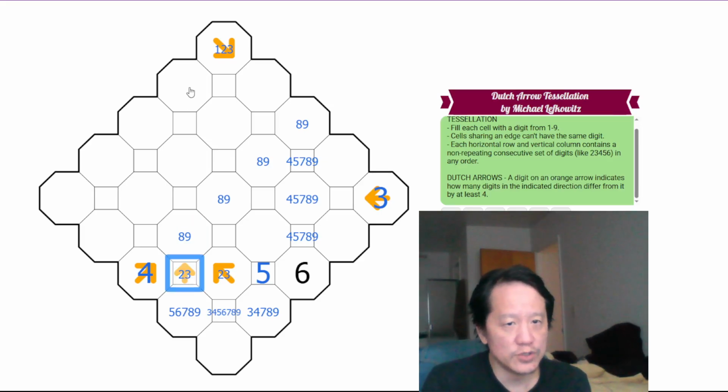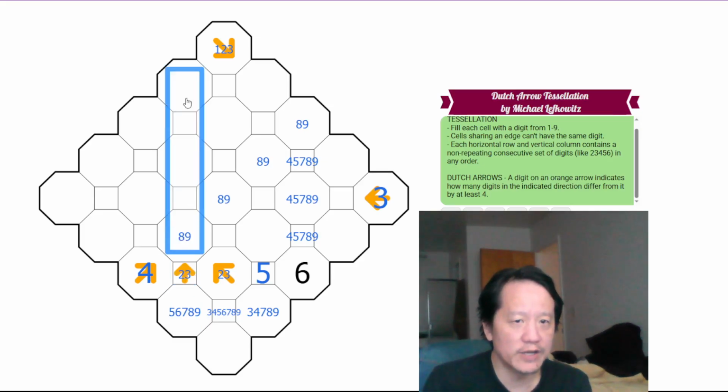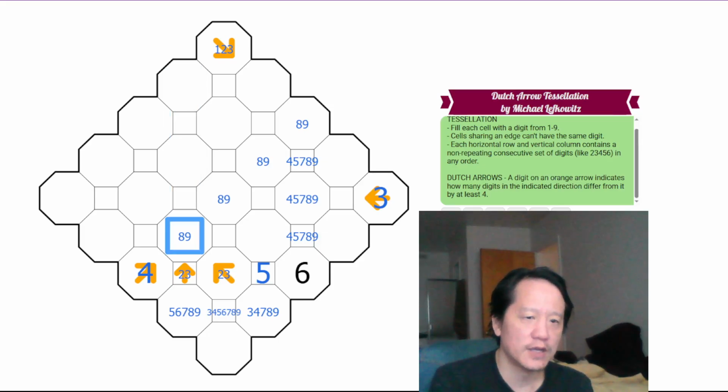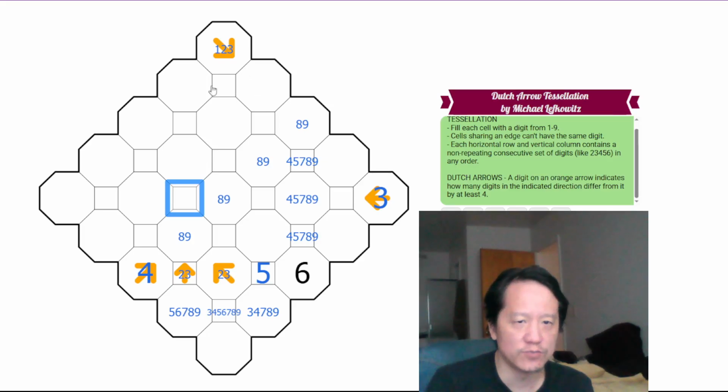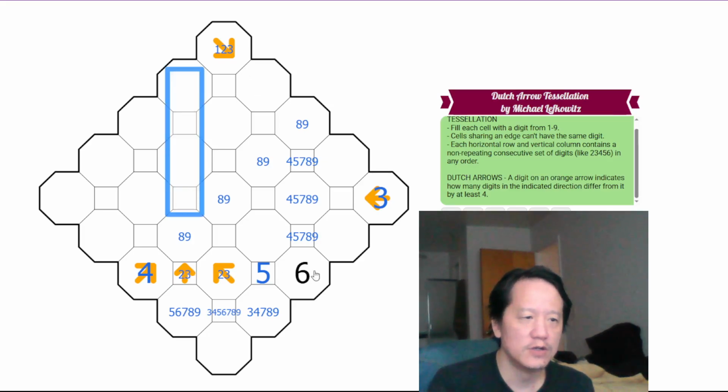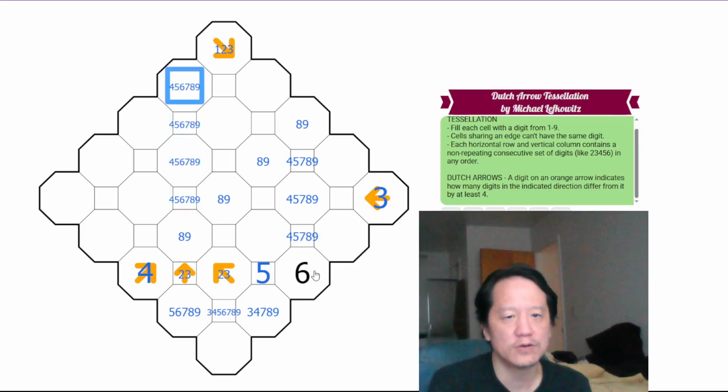If this is 3, it would require it to have 7, 8, and 9 here. So then it would be 3 through 9. So first of all, we can never have a 1 here. And 2 or 3 signifies what digit is there. So the rest of the digits cannot be 2 or 3. We have 4 through 9 here.